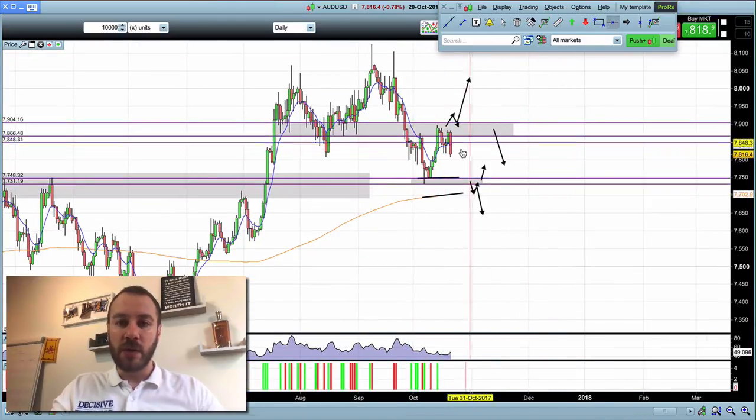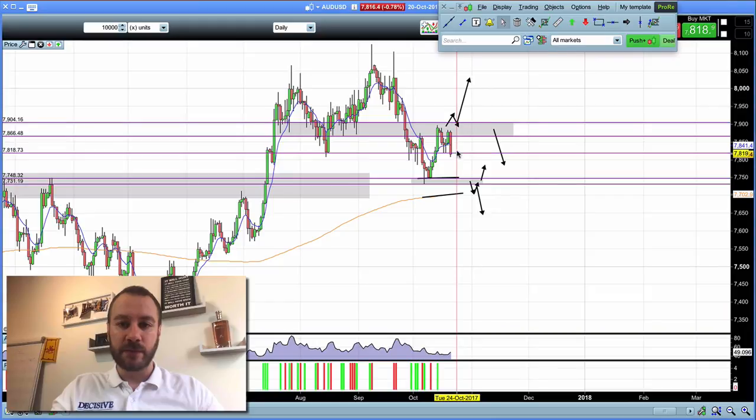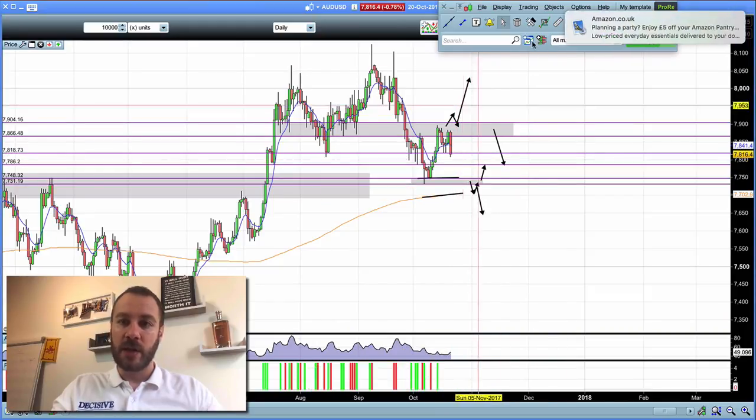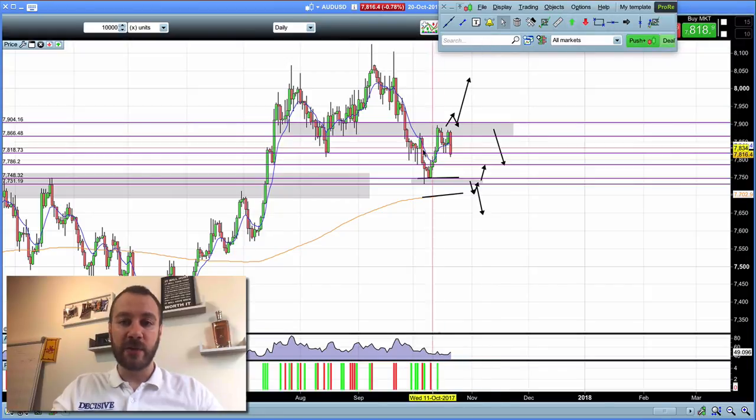Now down below we also have created a level of support at 7820 to 7785. We're actually just pressing down to test at this level right now.